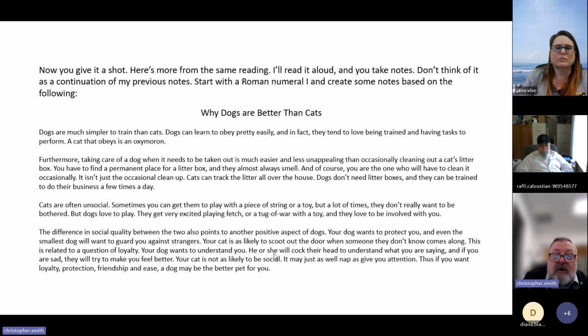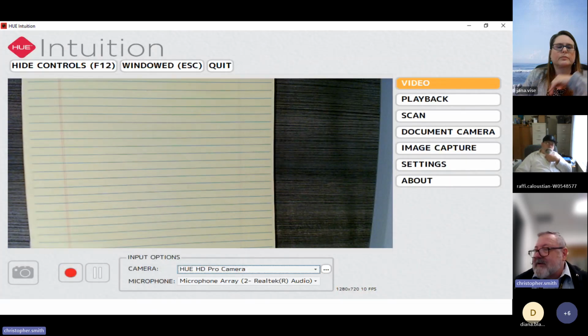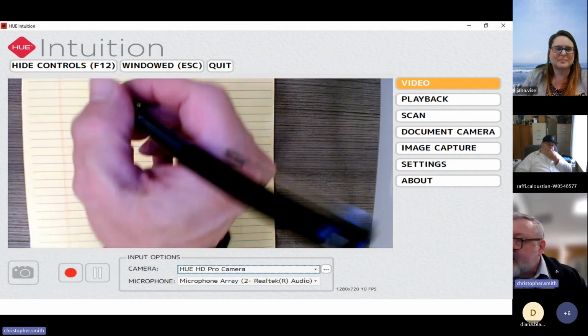All right, so I would like to try again. I'm going to turn on the Hue camera and see if we can write an outline for this together. For some reason, I think switching to the Hue camera had something to do with the sound going off, so I'm hoping that doesn't happen again when I veer back and forth between the two images.